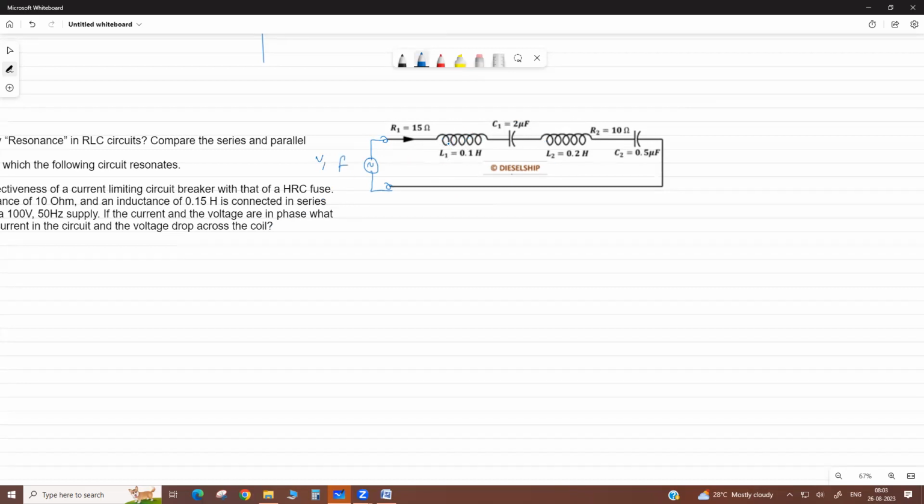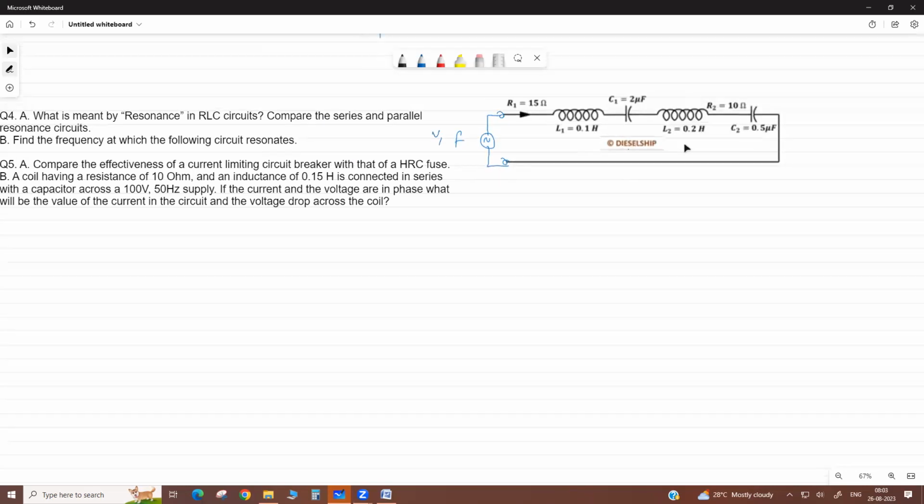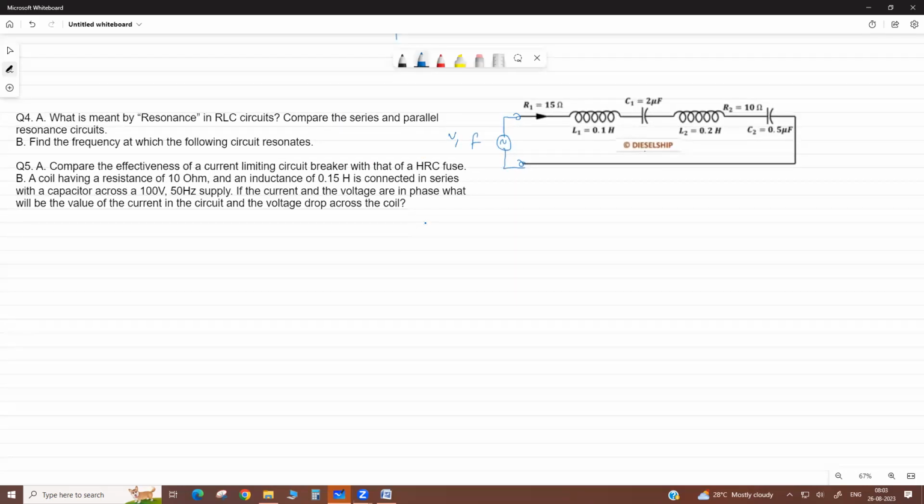So actually, basically, in our case it is a series resonance. Now in our series resonance, this is the resistance, this is the inductor, and this is the capacitive reactance.